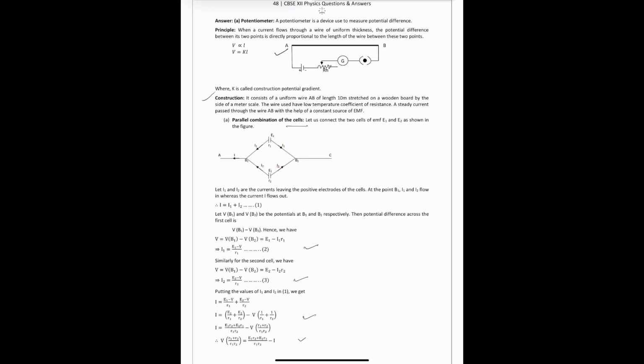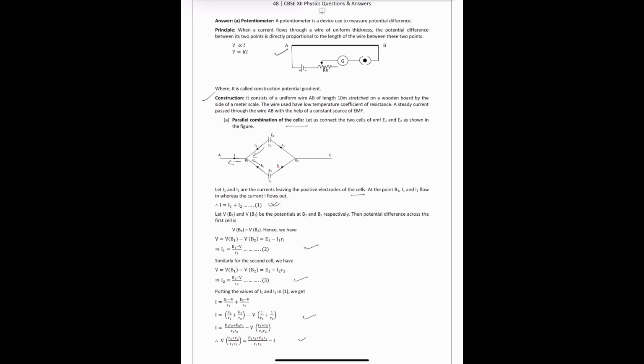We have taken the direction of current in such a way that I1, I2 are the currents leaving the positive electrodes of the cells. So this I1 comes here, I2 comes here, I goes there. So I1 plus I2 is equal to I.